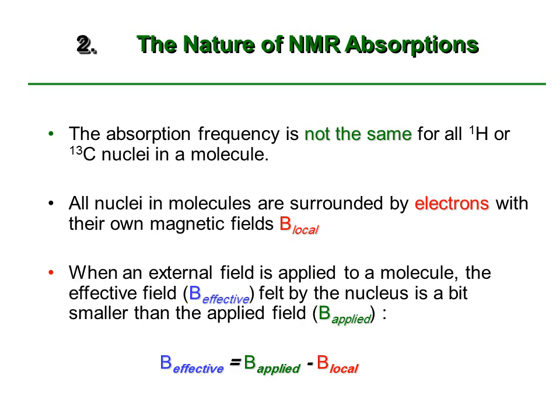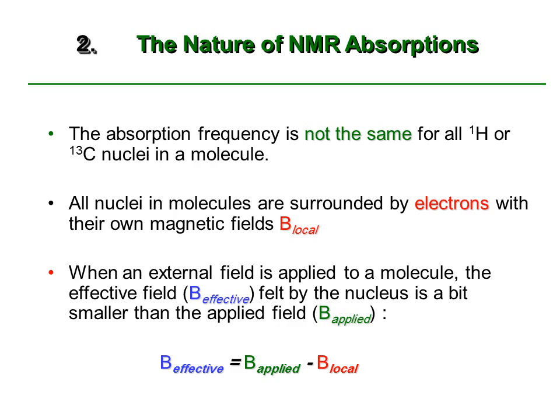The nature of the NMR absorption: the absorption frequency is not the same for all proton or carbon-13 nuclei in the molecule. This depends on the type of adjacent functional group. All nuclei in a molecule are surrounded by electrons with their own magnetic field. This magnetic field resulting from the spinning of electrons is called the local magnetic field.